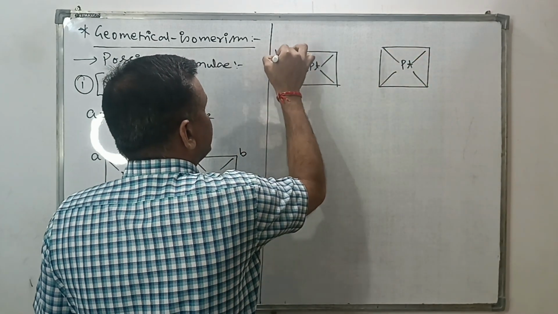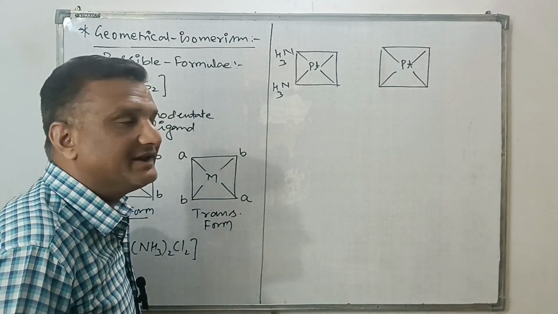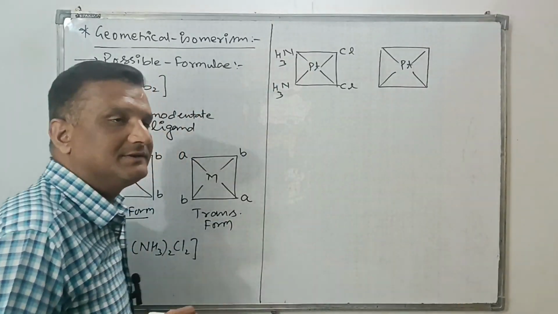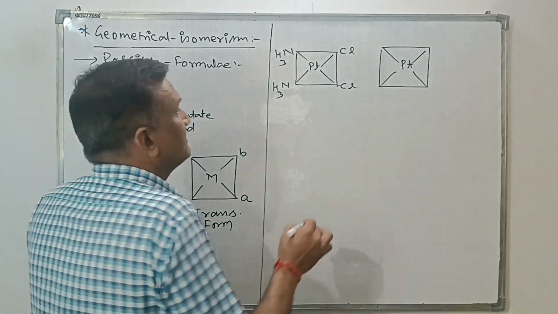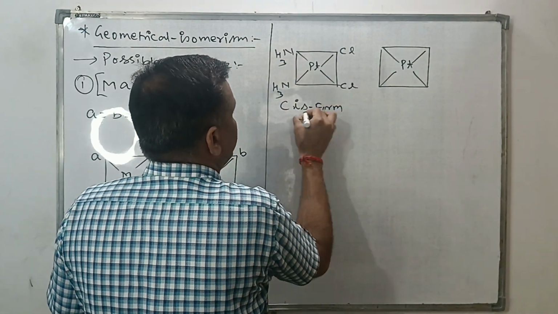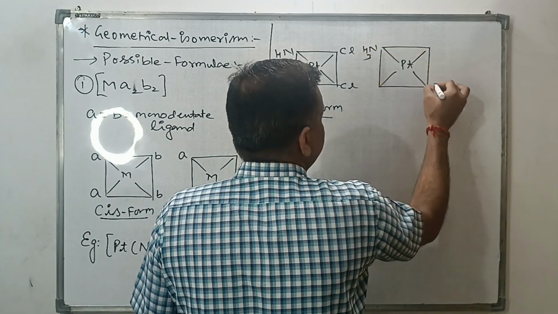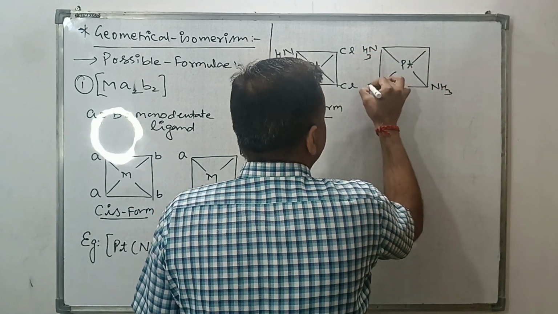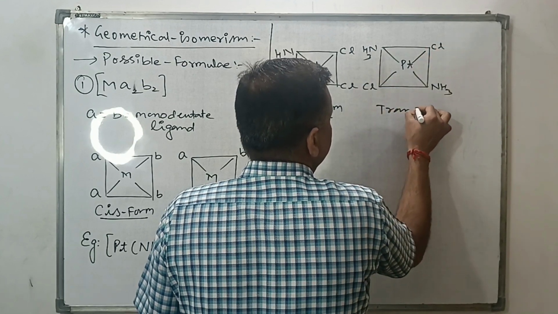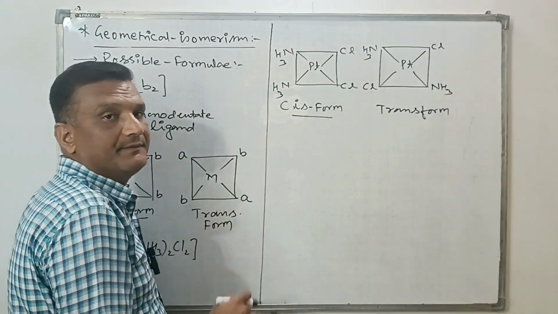This is NH3, NH3, same again with the 90 degrees. This is Cl and Cl, same and again with the 90 degrees. This is called the cis form. And this is called the trans form like this: NH3, NH3, Cl and Cl. This is the trans form.